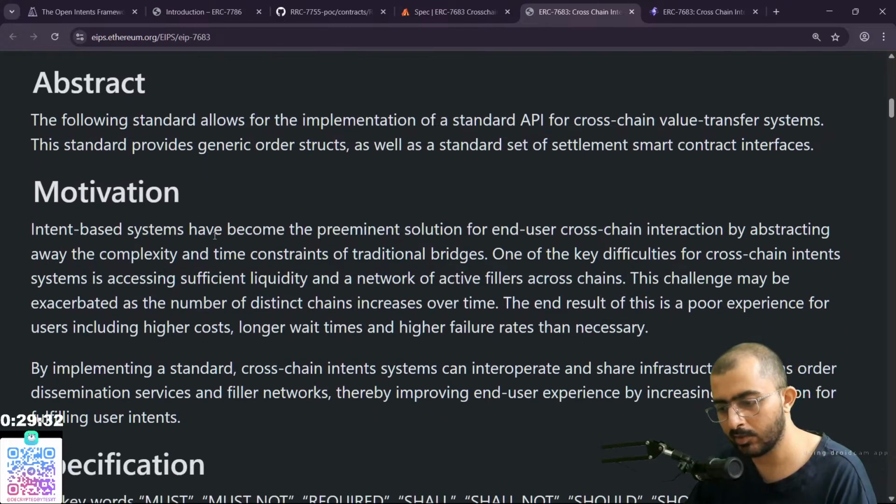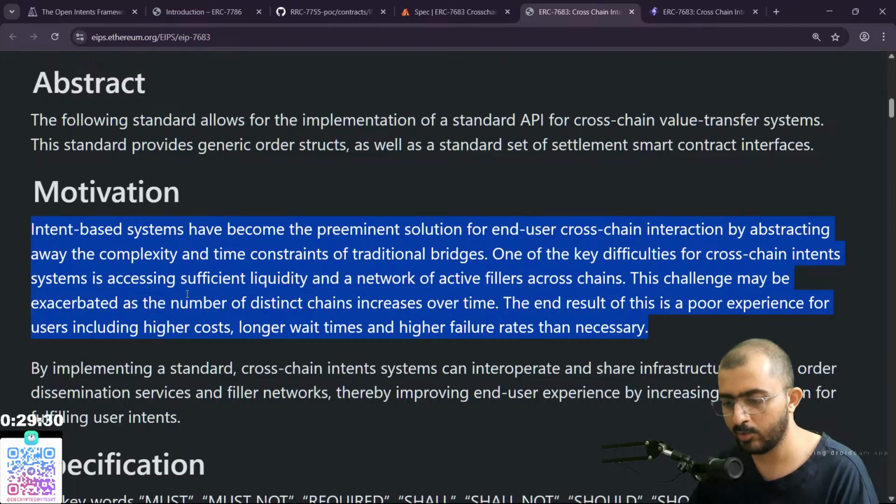Motivation. Intent-based systems have become a prominent solution for end user cross-chain interaction by abstracting away the complexity and time constraints of traditional bridges. Okay.